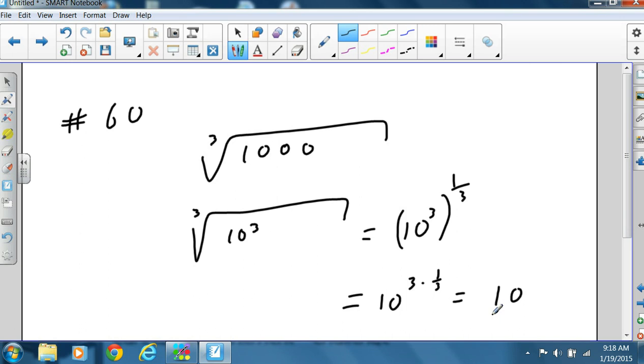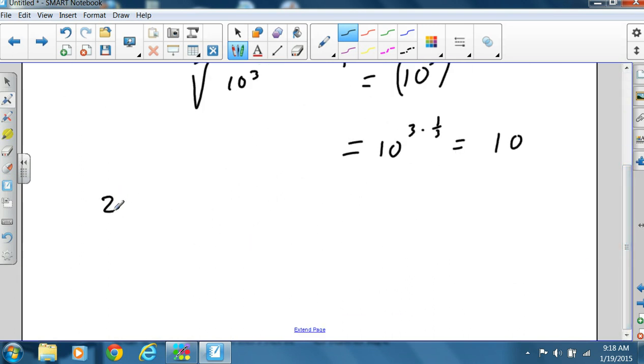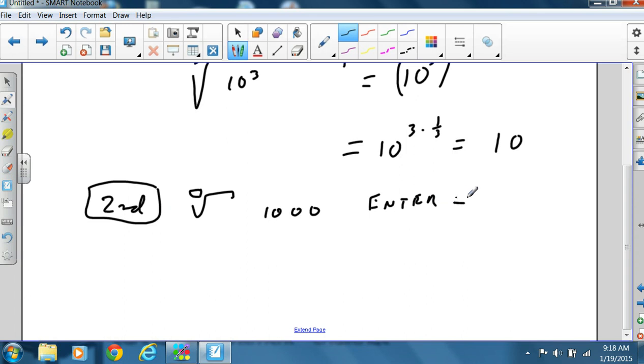So if we entered in our calculator second function, the blue guy that's the box root, 1,000, enter, we get a 10.